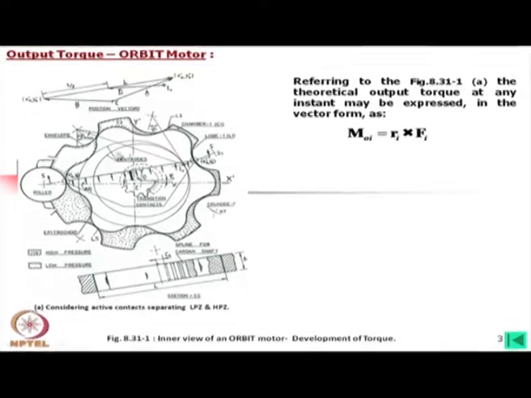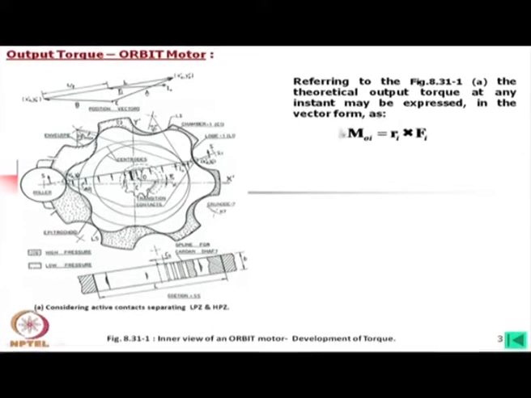To rotate this body about this point, the torque is the vector product R_i into F_i, where this is R_i, this is F_i, and this is half of the distance.